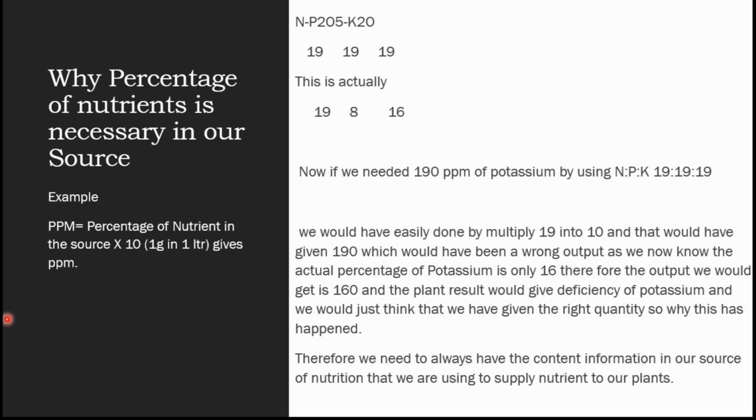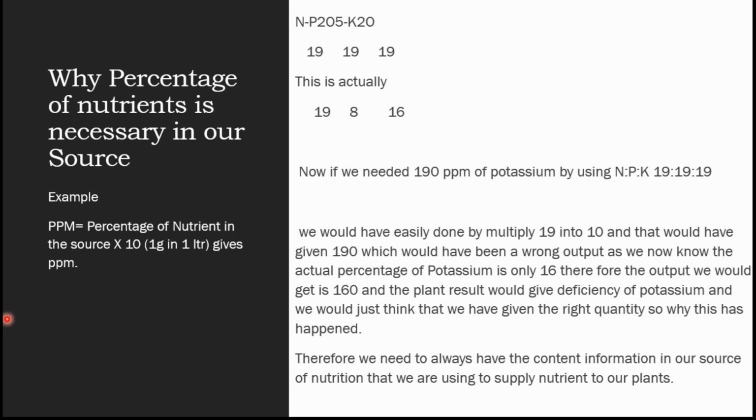Whenever you add 1 gram of your nutrient source to 1 liter of water, it gives a ppm equal to the percentage of nutrient in the source times 10. For example, calcium nitrate has 15% nitrogen, so when 1 gram of calcium nitrate is mixed in 1 liter of water, it gives a ppm of 150. Now let's go ahead and check out the concept of NPK here.